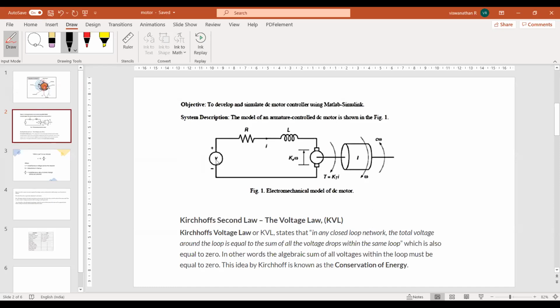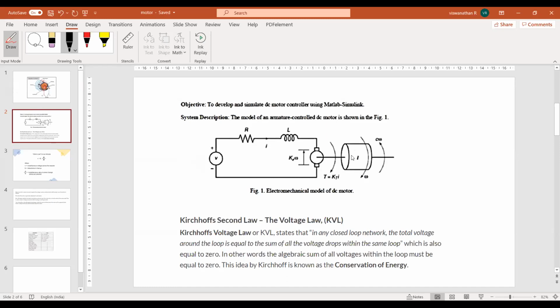This voltage is from the battery you are applying to run the motor, and when you are applying the voltage, there is a back EMF produced which is opposing this voltage. So that will be there, and this is what makes the electrical system of the DC motor.